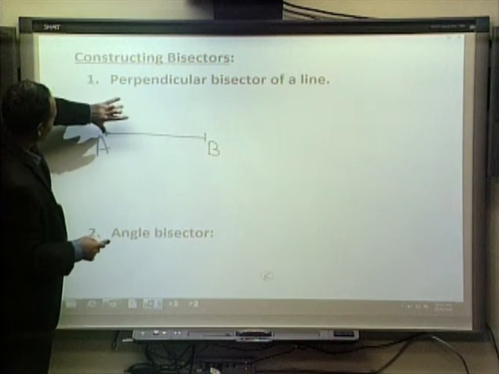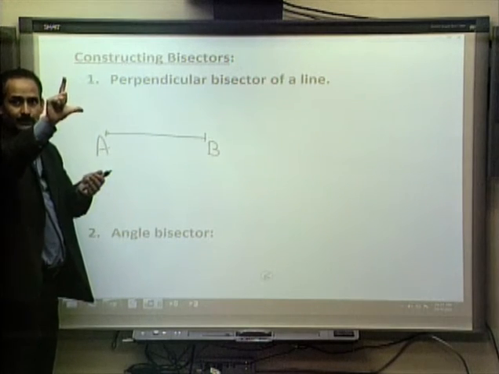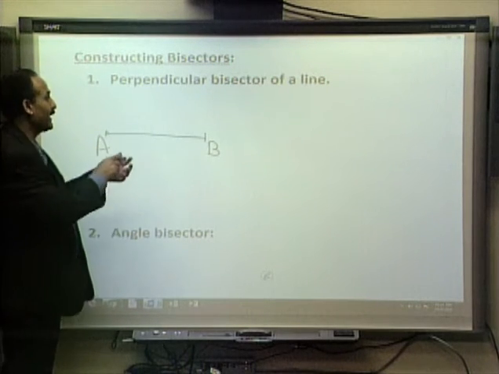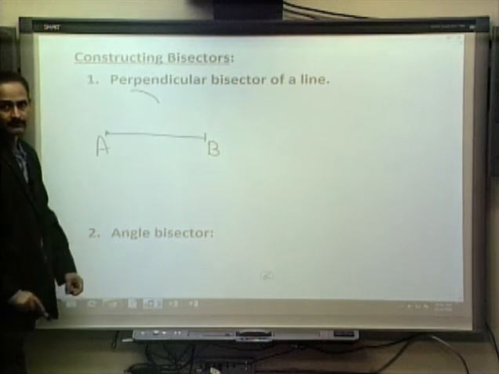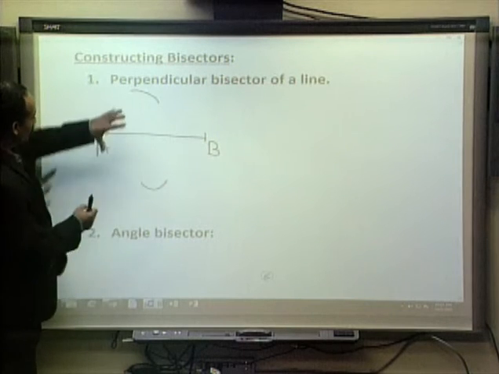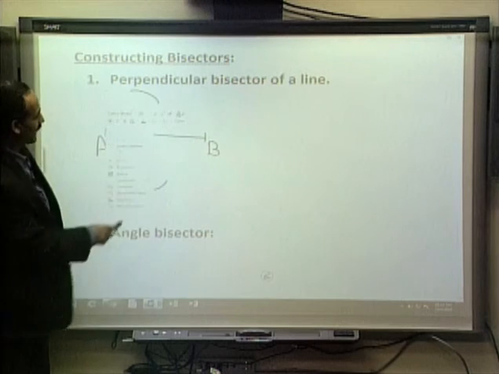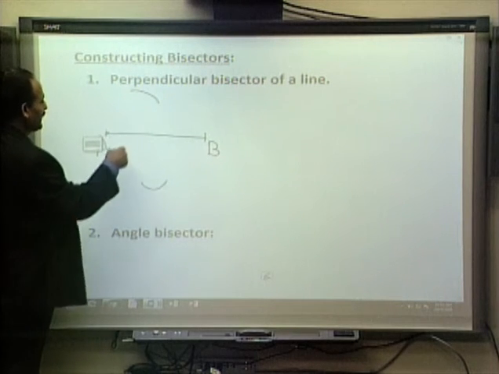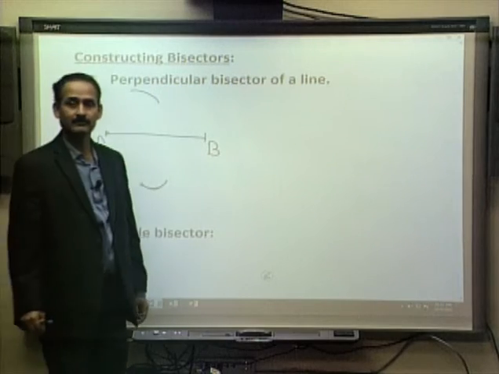Put one end of the compass here and with this opening, draw an arc above AB and one arc below AB as well.